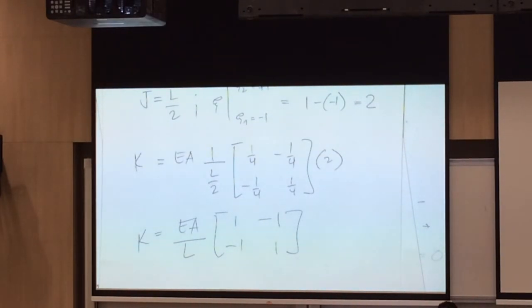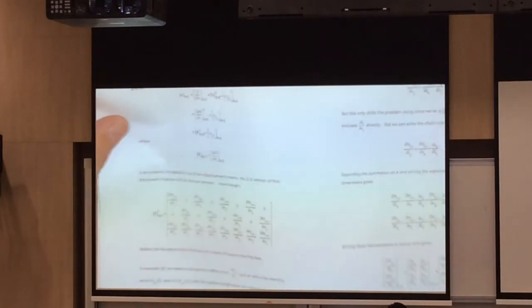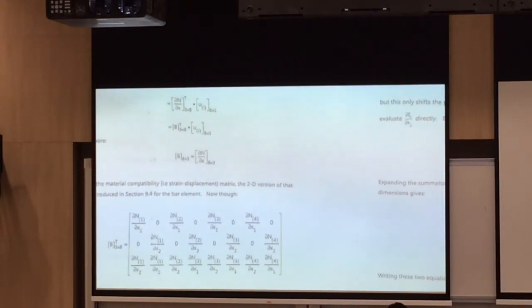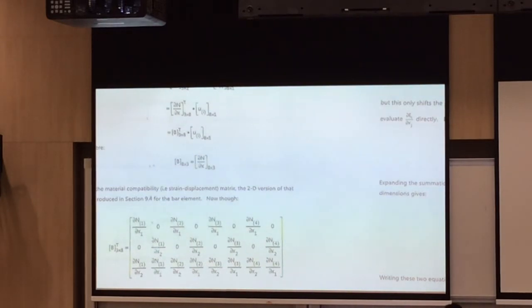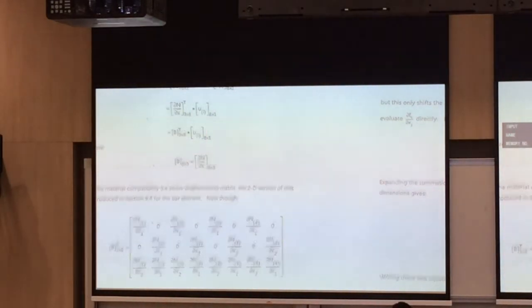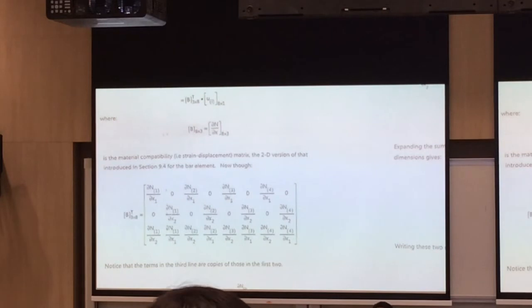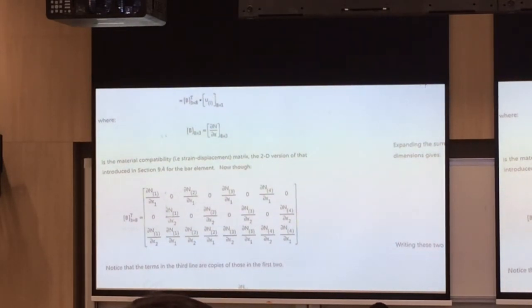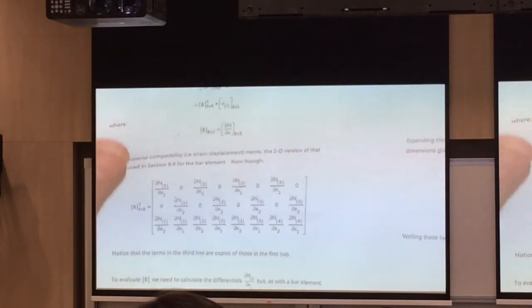Okay, so just an example for 2D. So we have our strain displacement matrix, right? So this is your strain displacement matrix for plate. So how will your Jacobian look like?